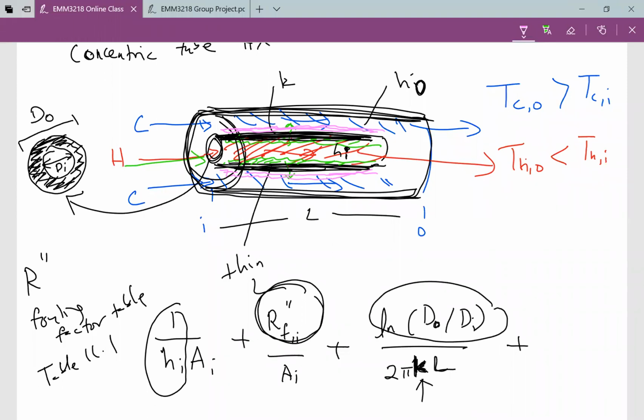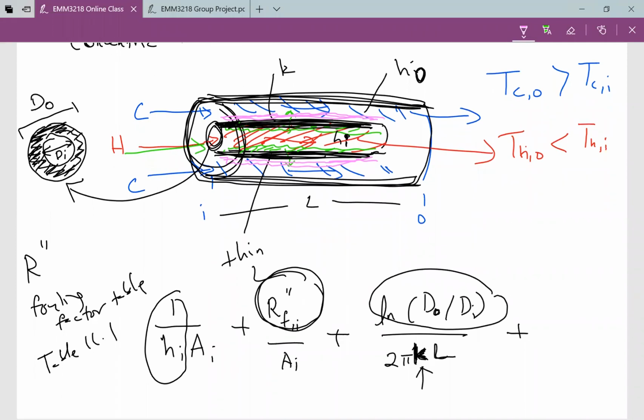So that will be much like the other fouling: fouling for that outer space divided by the area. And then plus you have convection for the other region, which is 1 over HOAO.